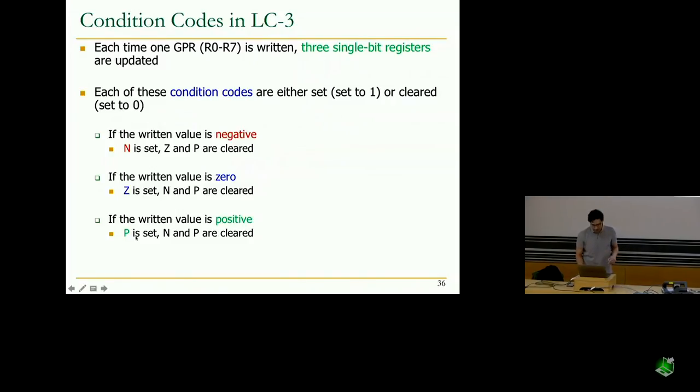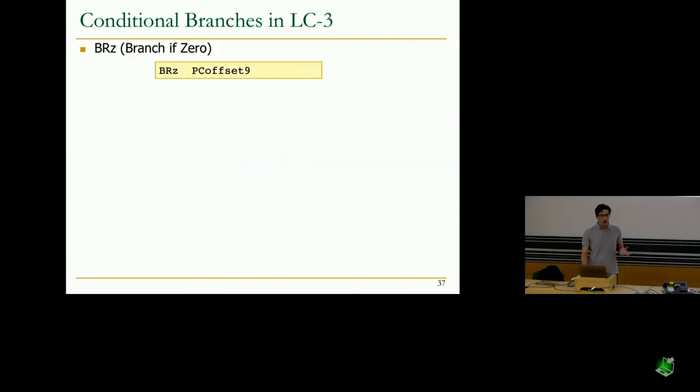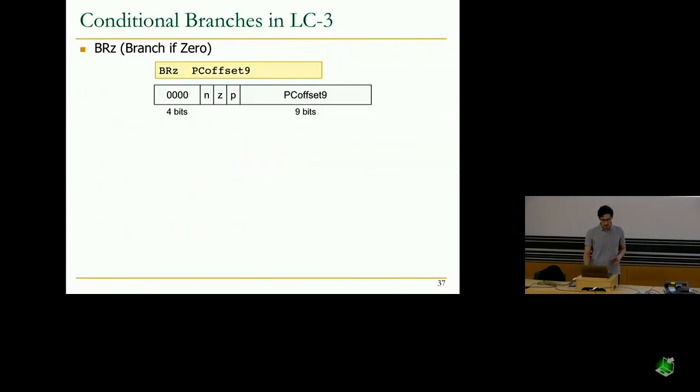So these are examples of ISAs that use condition codes as well. Using this, we are going to implement conditional branches. In the conditional branch BR in LC3, observe that we have 3 bits here that will indicate which of the 3 condition codes is going to be taken into account when resolving this branch.